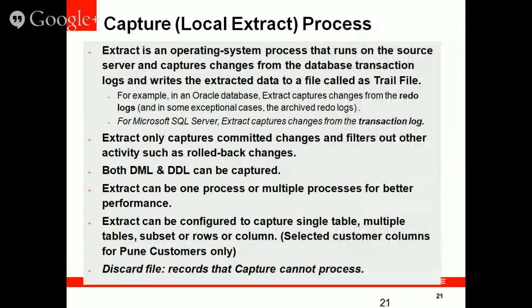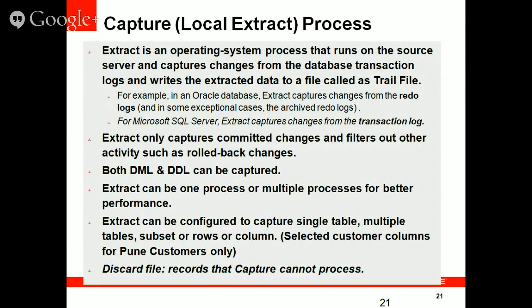So how does the extract process work? Extract is an operating system process that runs at the source side, and it captures the changes or the transactions, and these committed changes are extracted to a file. It is called a local trail or trail file.